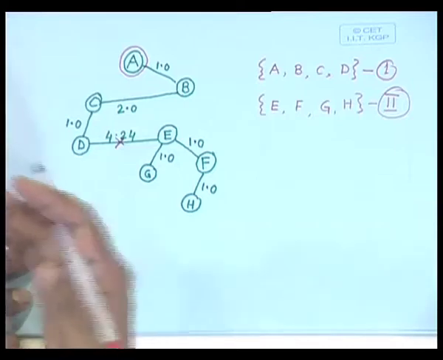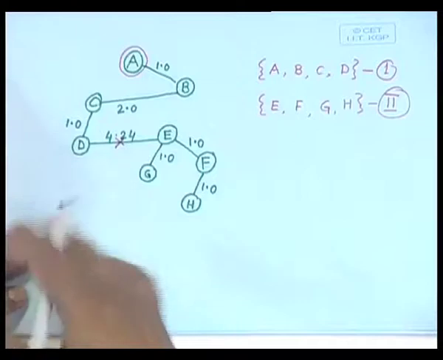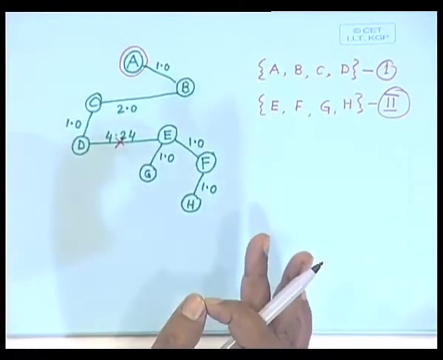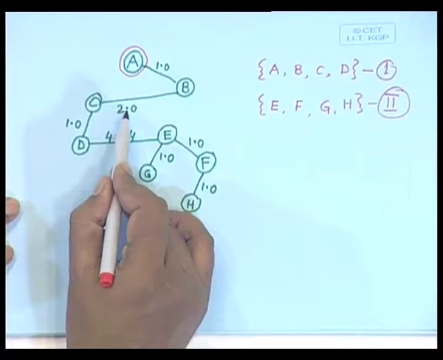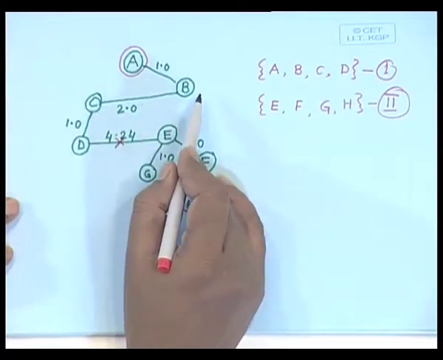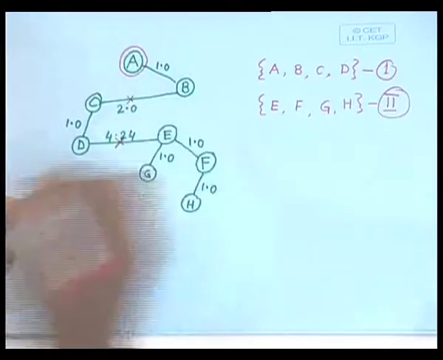If I want to go further and subdivide this into more clusters, then within each of them you find out which is the next maximum weight. Okay. So, here you find that the next maximum weight is between nodes C and B, which is equal to 2. So, I can remove this.